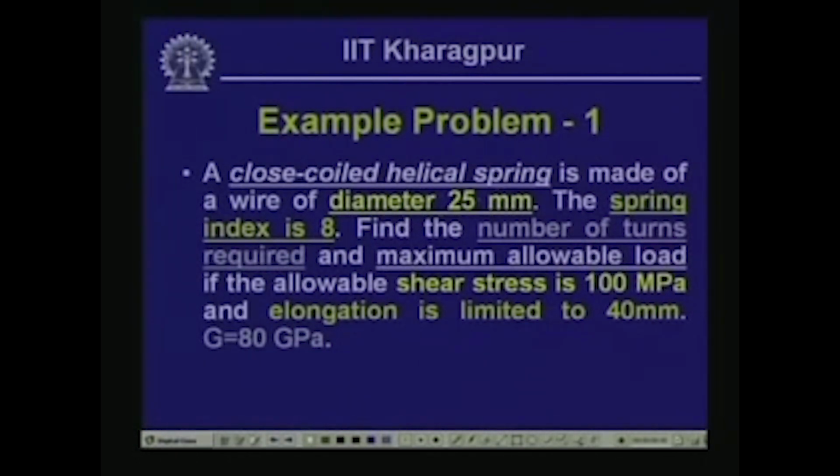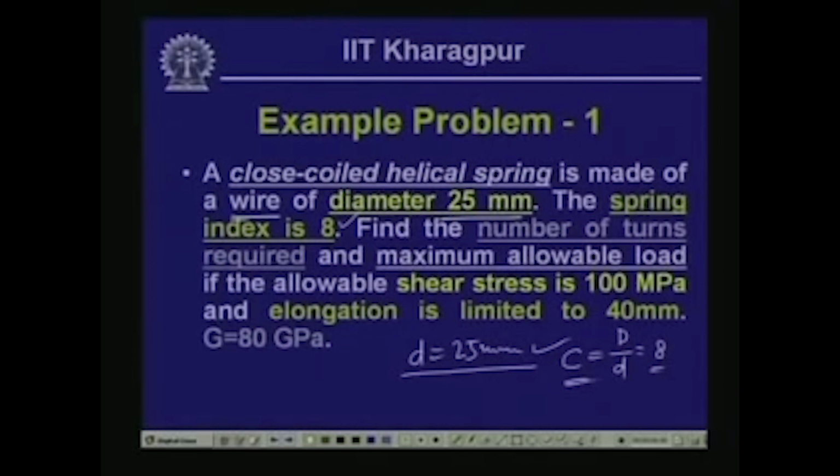Now, the example problem here is: a closed coiled helical spring is made of a wire of diameter 25 millimeter. That means the small d equals 25 millimeter. With this, the closed coil helical spring is formed. The spring index value is given as 8, and as you know, the spring index C equals capital D by small d, so C equals 8.